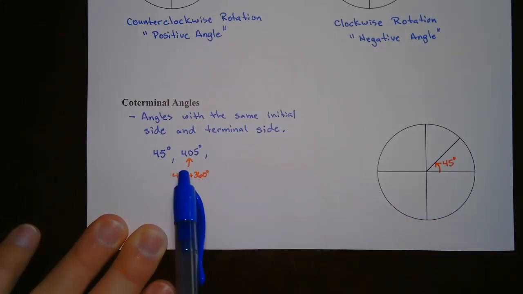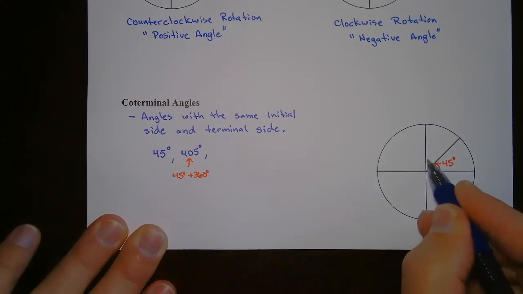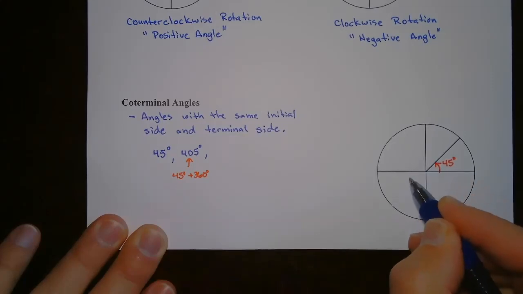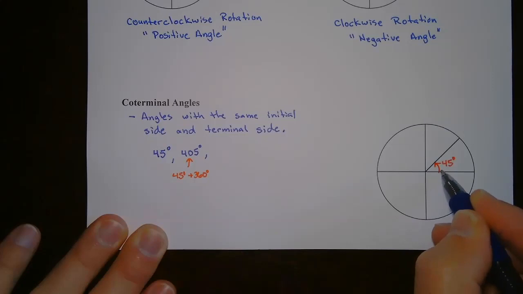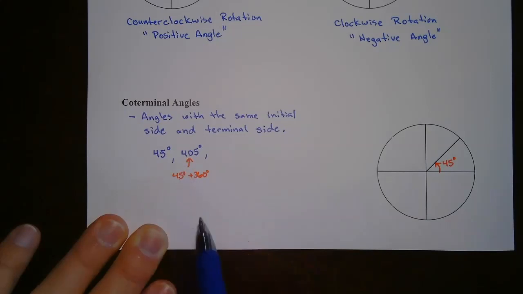So how can you get a third coterminal one? You could take the 405 degrees and add another rotation. So we go to 45 degrees, we go around 360 degrees, now we're at 405 degrees. We can continue rotating around in the positive direction, which is counterclockwise, and back to this one. So we could take the 405-degree angle, add another 360 degrees to it, and we'd have a third coterminal angle.